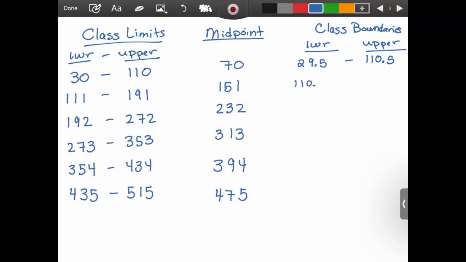So the next group would start at 110.5 and end at 191.5. Notice that wherever one upper boundary stops, the next begins. That gives me 272.5 to 353.5, and then 353.5 to 434.5, and then 434.5 to 515.5.